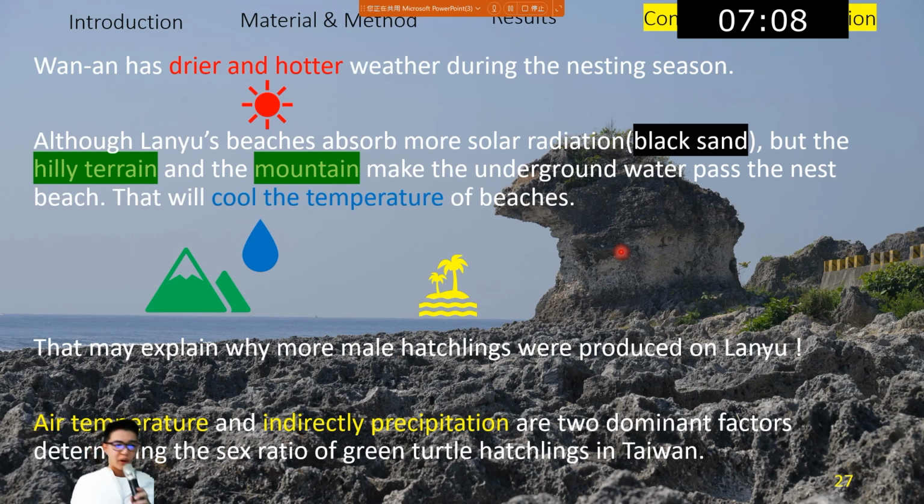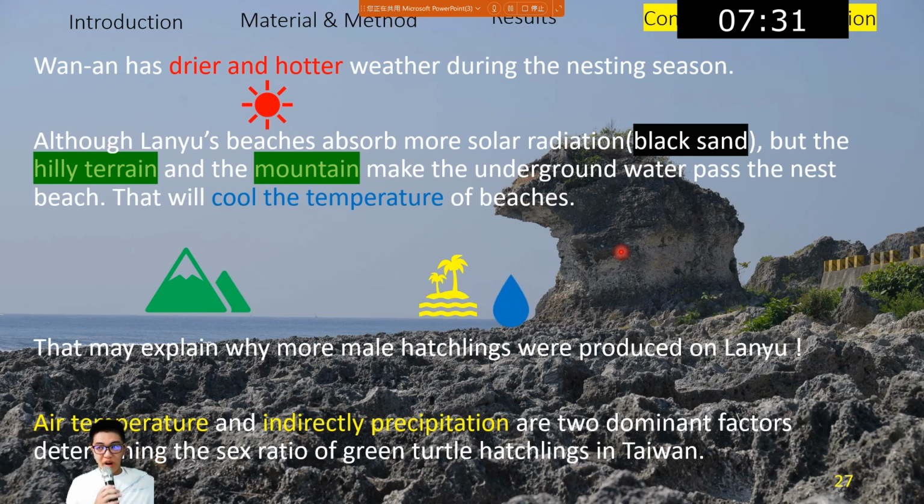And although Lanyu's beaches have darker sand than Wan'an, they have black sand, they can absorb more solar radiation. But the hilly terrain and the mountains in Lanyu will cause the underground water to pass the nest beaches. So that will cool the temperature of the beaches.